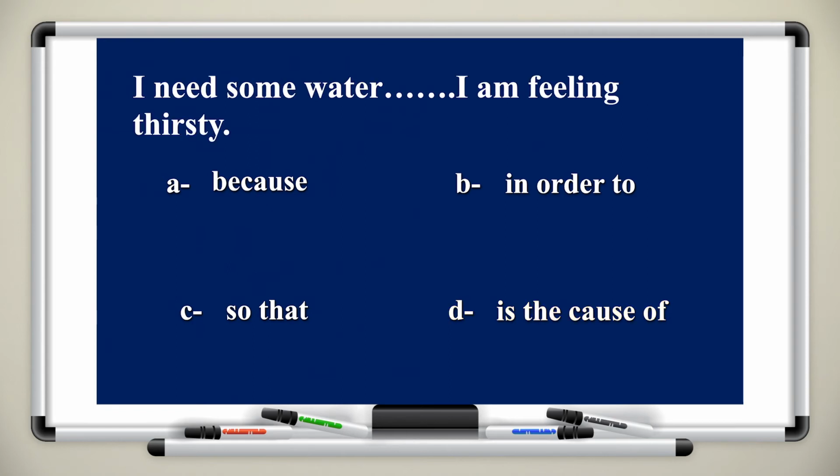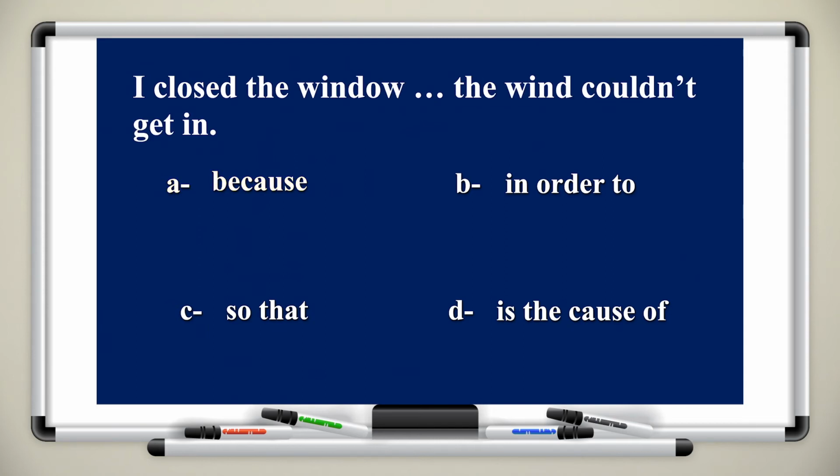Let's move on to the next sentence. I need some water. I am feeling thirsty. So we want an explanation. So we'll use what? Because, in order to, so that, or is the cause of. Which one will you use? I need some water because I'm feeling thirsty. Excellent.